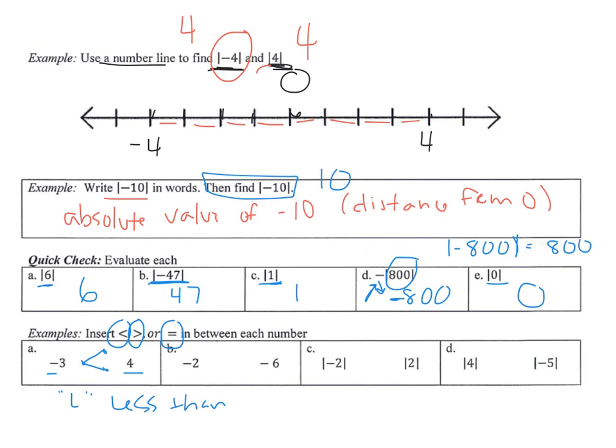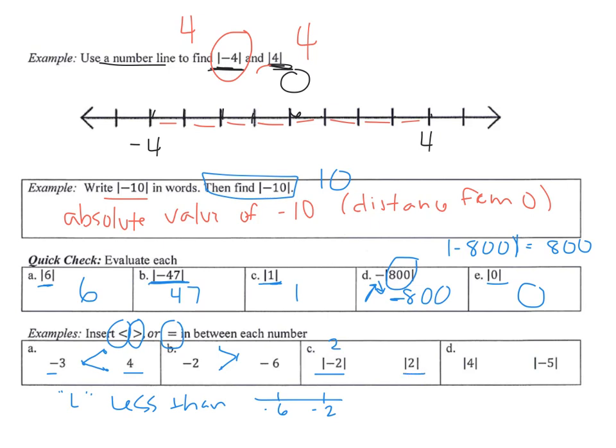The next one, -2 and -6. Well, -6 would be over here on the number line, and -2 would be right there. So -6 is less. So that means that -2 is greater. There's 2 dots on -2, and there's 1 dot on -6. Letter C, the absolute value of -2 is 2.